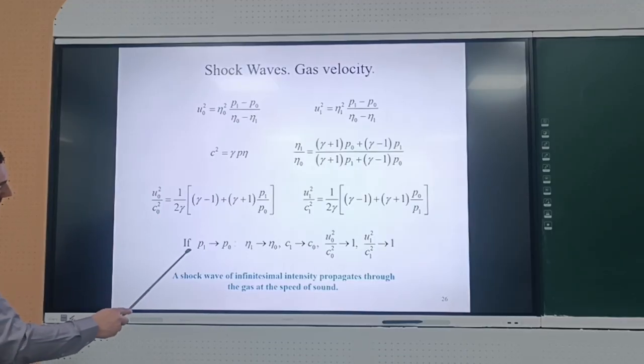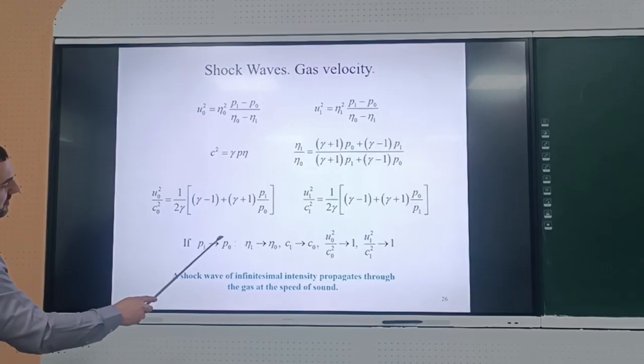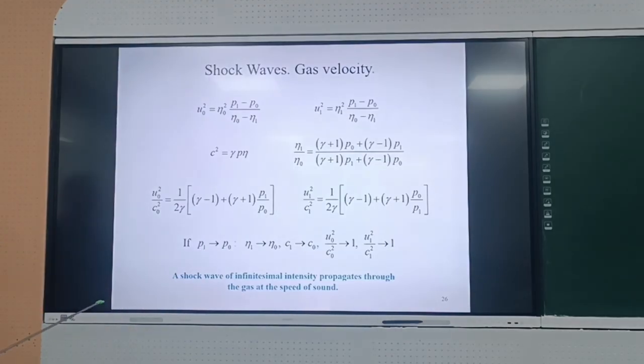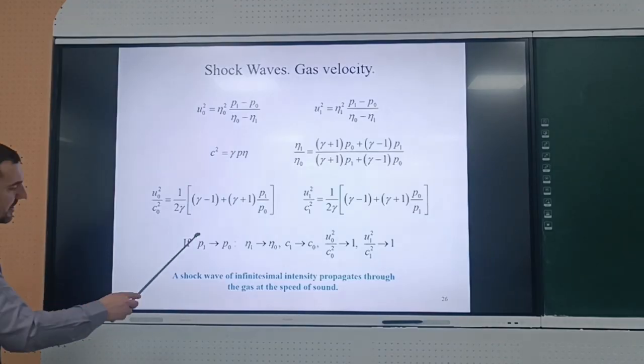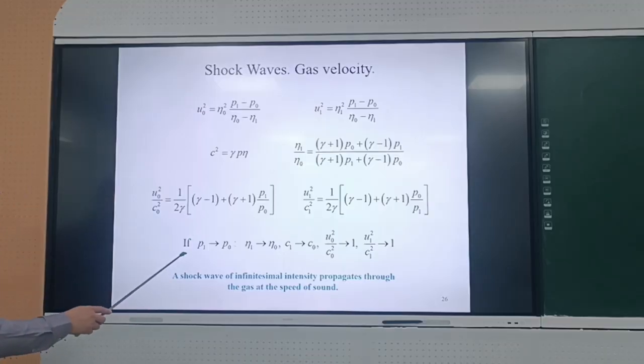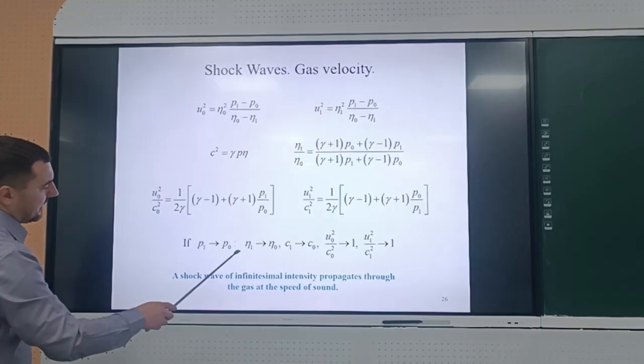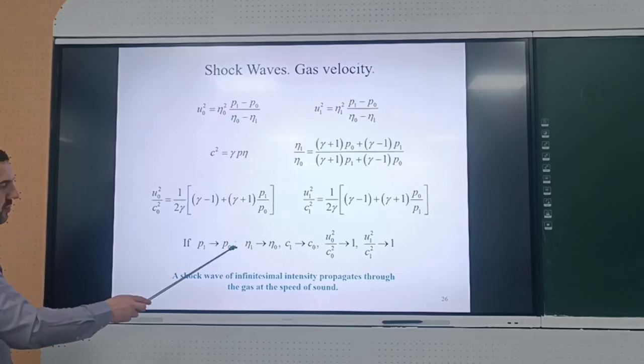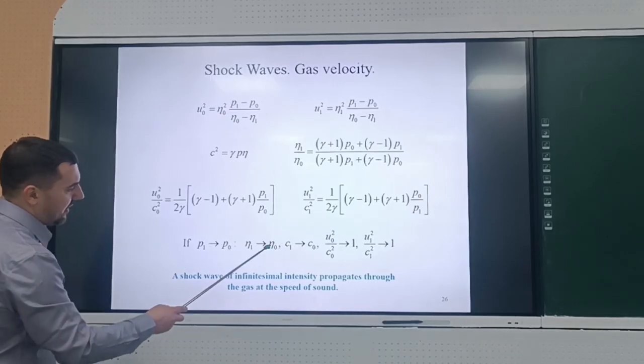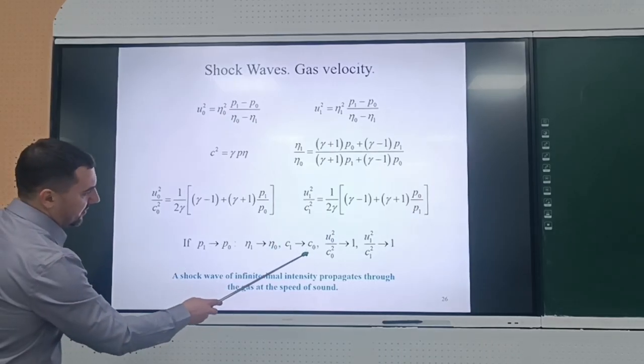So what will happen if P1 goes to P0? It means we consider a shock wave with very, very small amplitude, a very weak shock wave. In this case, the pressure behind the shock wave approaches P0, the density behind the shock wave approaches the density ahead of the shock wave, and C1 approaches C0.